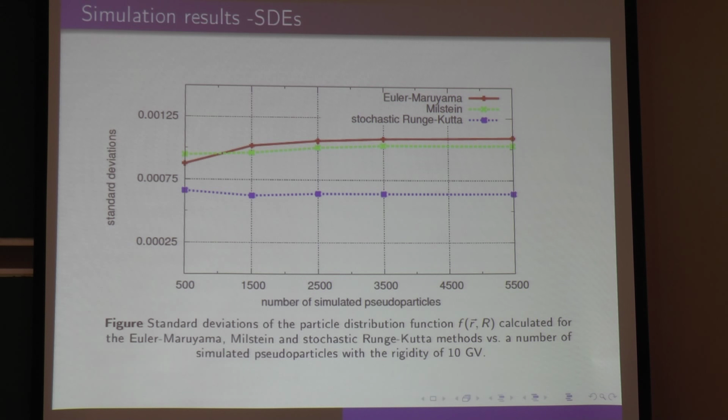And we shall study the statistical precision of our analysis, and we calculate standard deviations of this omnidirectional distribution function, and we find that for stochastic Runge-Kutta the standard deviation is very stable and is the lowest, and for the Euler method this standard deviation is the highest.